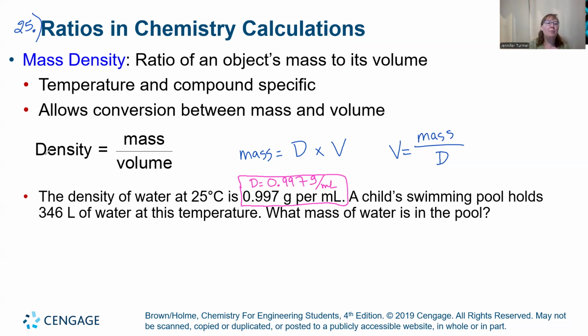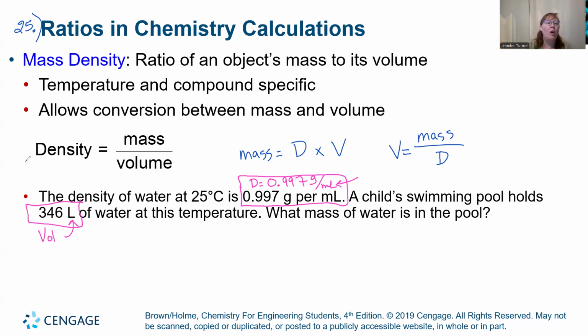Now, a child's swimming pool holds 346 liters of water. What is the mass of water in this pool? First of all, take a look at what we've got here. See how the volume is in liters, but the density is in milliliters? We need those two things to agree.